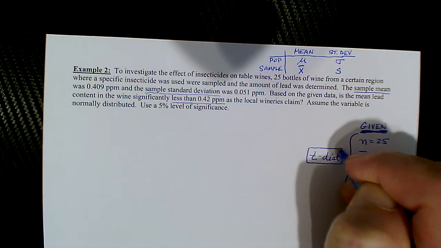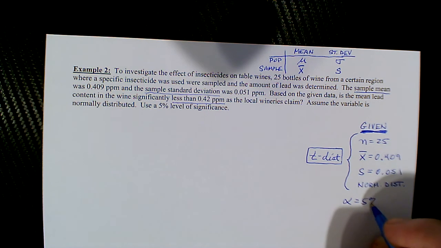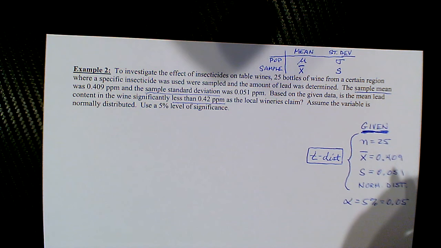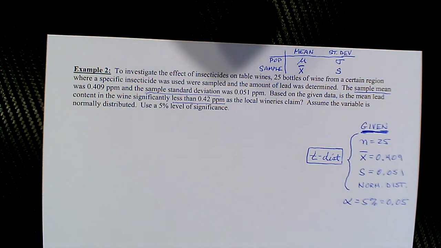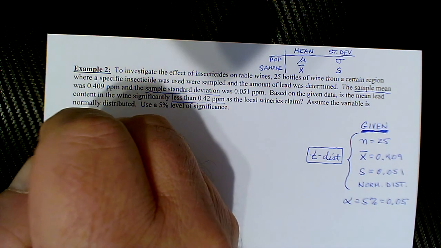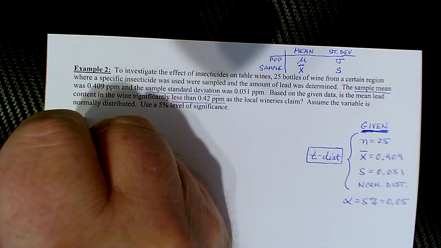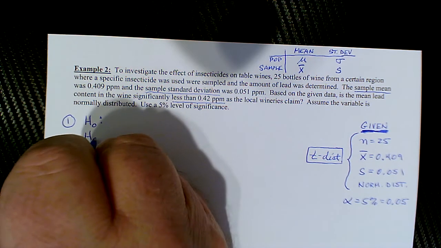Okay, and let's see, alpha is 5%, significance, change it to 0.05. Now, we'll start by going through the 5-step procedure. First step, H0, state the hypotheses, identify the claim.